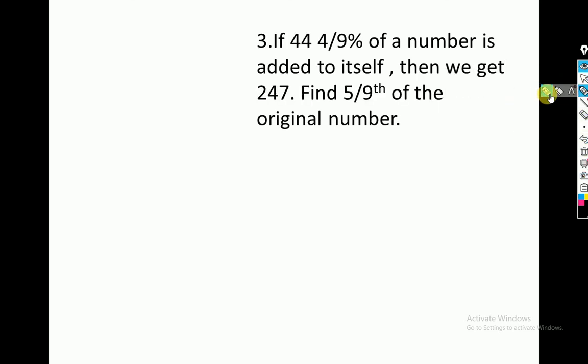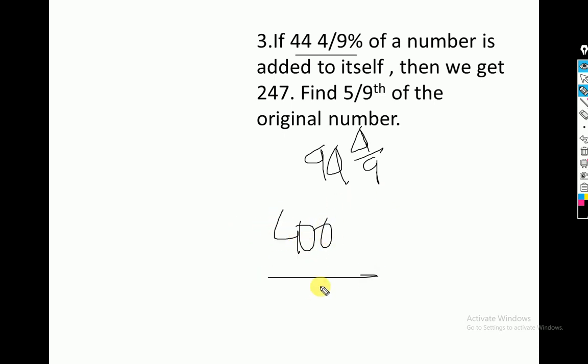Now this is also a very nice fraction. If 44 4/9% of a number is added to itself, then we get 247. If you don't remember 44 4/9, then just multiply. It's 400 by 9 percentage, and for the percentage we put the 100 in the denominator.